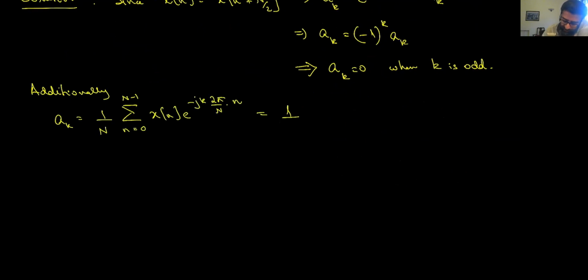And I'm going to split it up into two parts. n equals 0 to N by 2 minus 1. And mind you, I can only do this because capital N is even. Otherwise, I would not have been able to do it. Here, capital N is even, therefore, capital N by 2 is an integer as well. Otherwise, what I'm doing right now would not have been possible.